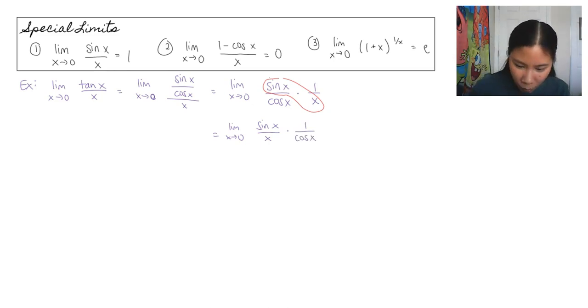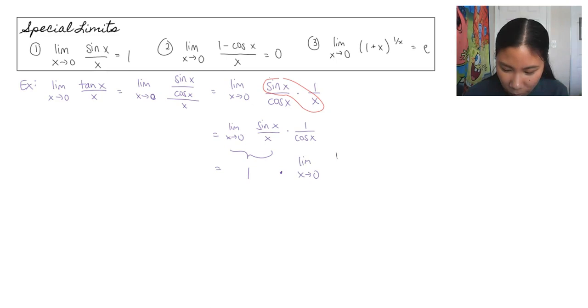Using our properties, we have 2 things being multiplied. We know the limit for sine x over x as x approaches 0 is that special limit where it equals 1. So this part just equals 1, and then we just need to multiply this by the limit as x approaches 0 of 1 over cosine x.